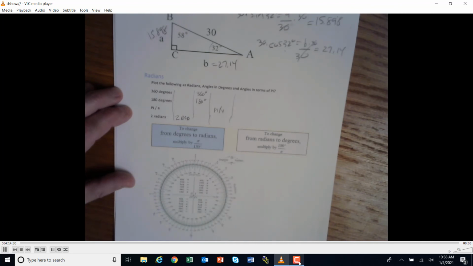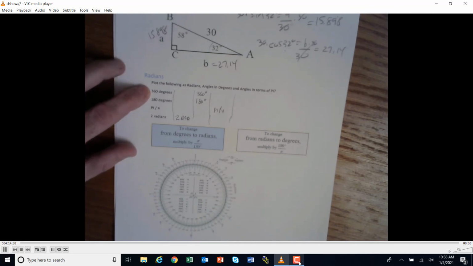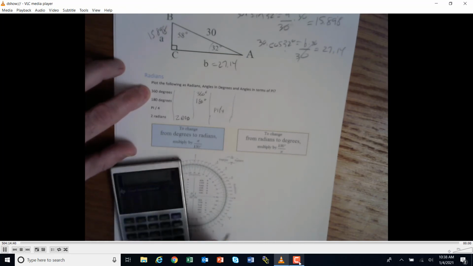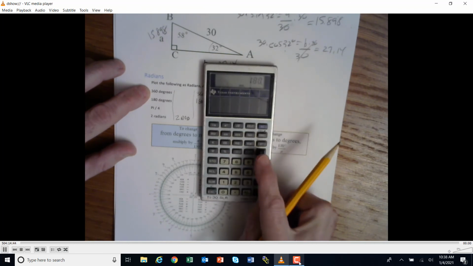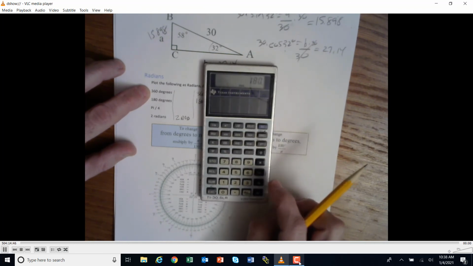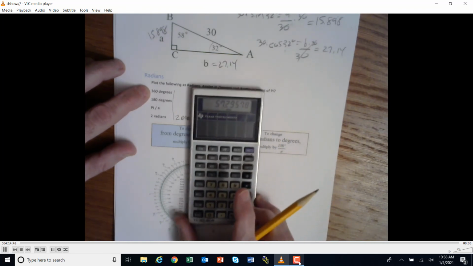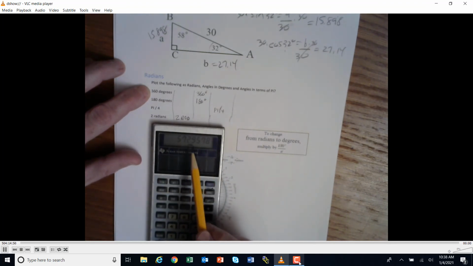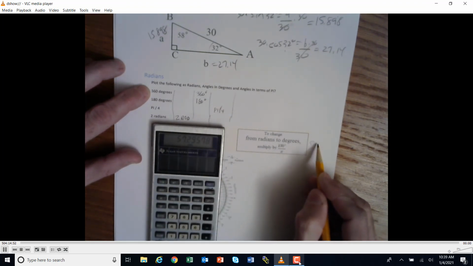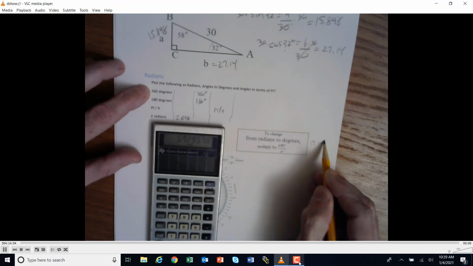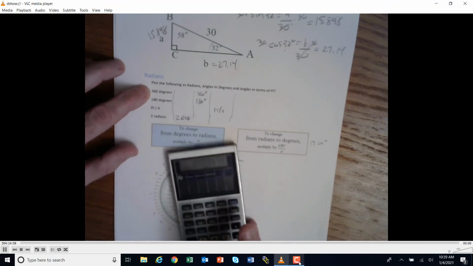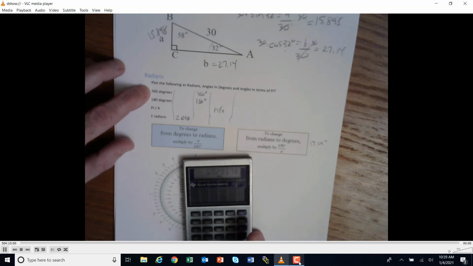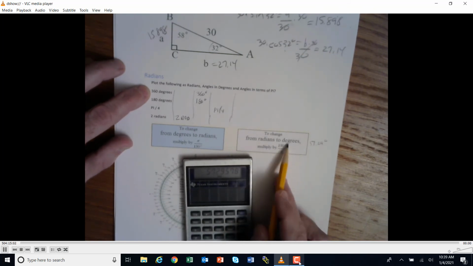So we take 180 divided by pi, and I got 57.29. That is 57.29 degrees per radian when we're changing from radians to degrees.